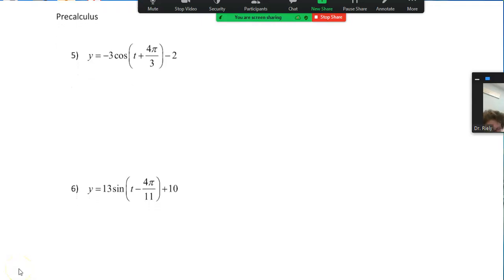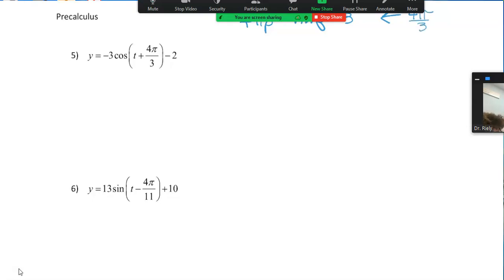Okay, for problem number 5, what I see is I have lots of changes. So I'm going to make sure that I list them. So the first thing I see is I have a flip. Then my amp is 3. My starting angle, because it says plus, I'm going to go minus to the left, 4π/3.